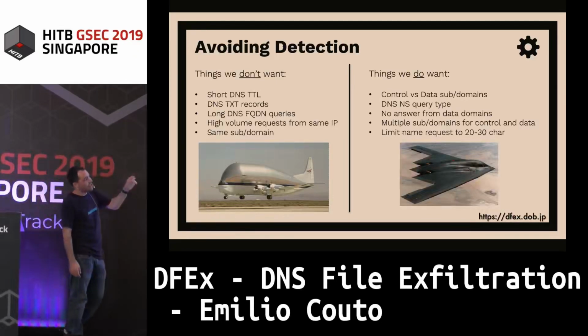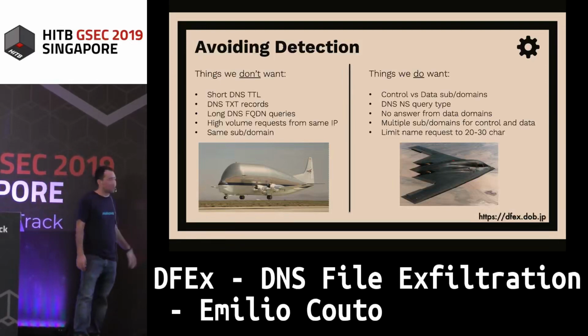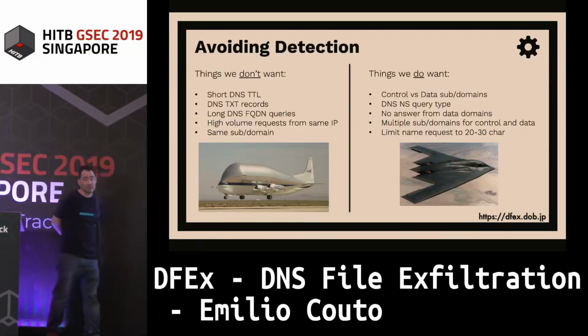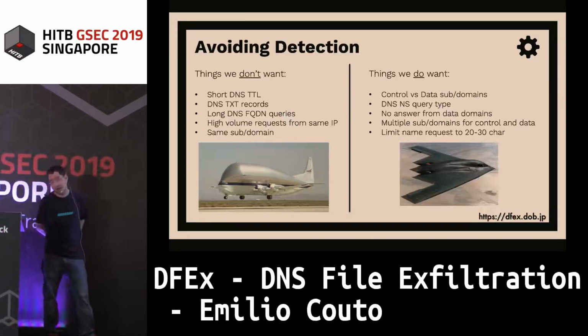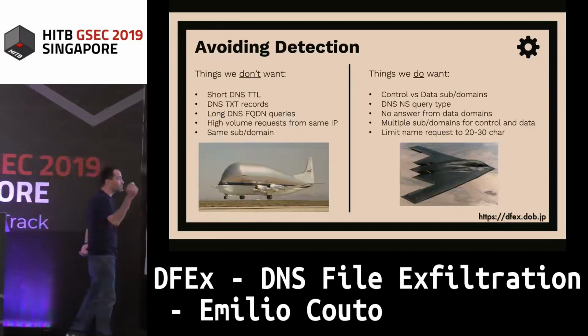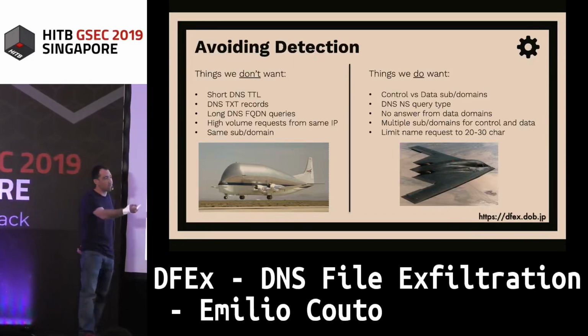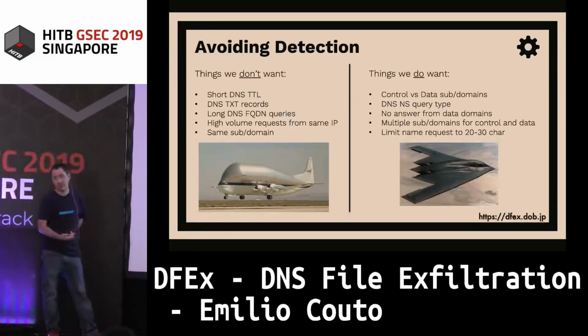I want to use the NS query type, not TXT or A records. Why? Because NS is an interesting query type. First of all, it's not in common use or abuse. Secondly, it's recursive, so it will go further and further. I do not want any reply back from data domains. So when I push data, I don't want anything to come back.